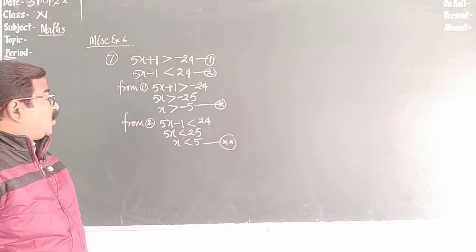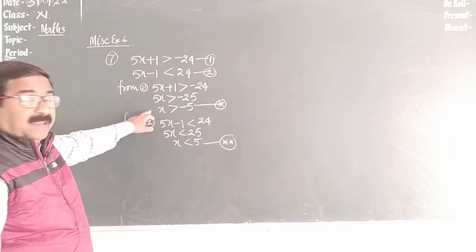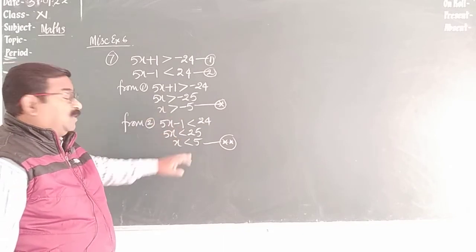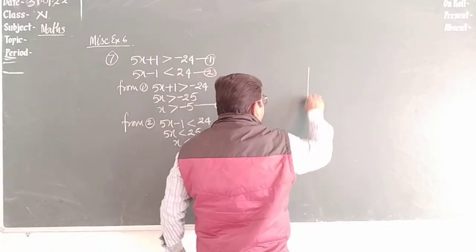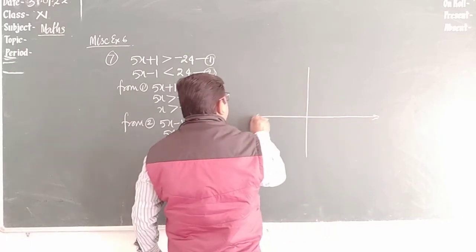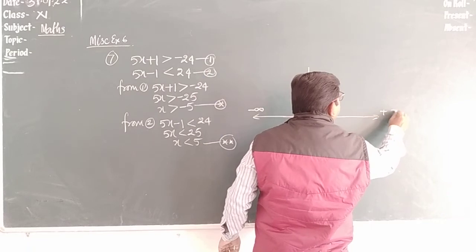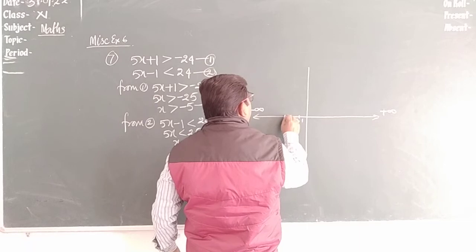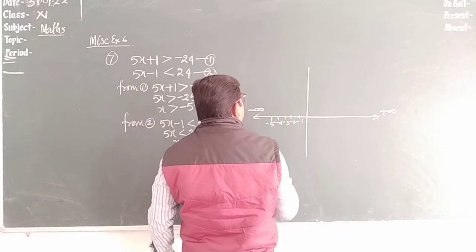So we have to plot the graph. The number x is more than minus 5 and less than 5, and it is a strict inequality. So when we plot the graph of this, see, this is minus infinity to plus infinity. Here we have minus 1, minus 2, minus 3, minus 4, minus 5.